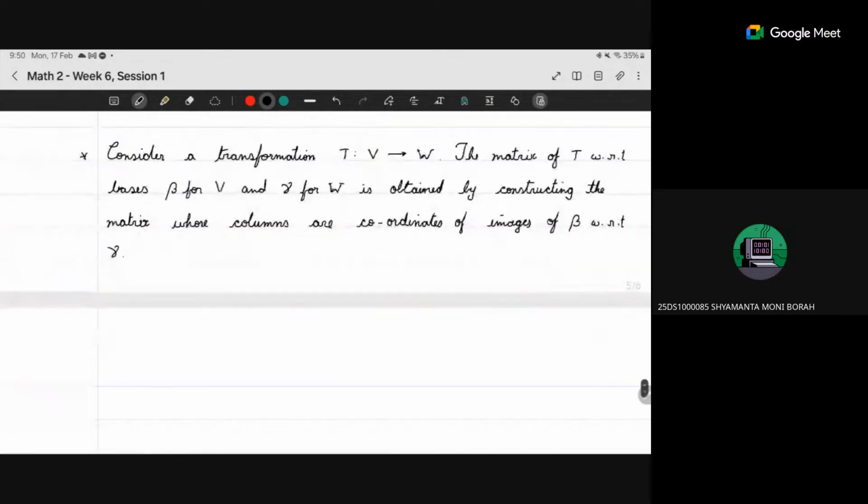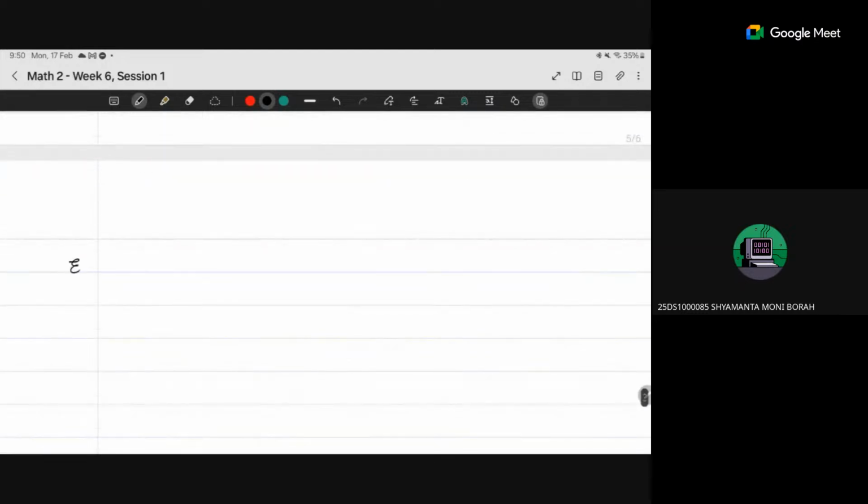Long statement, very difficult to understand as it is to read, but we'll revisit it after doing an example.